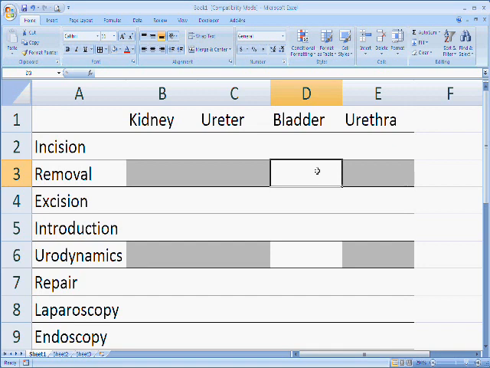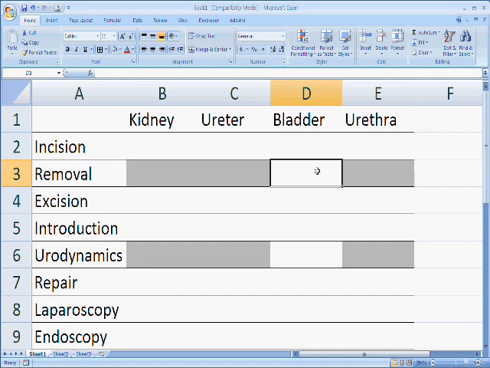Then excisions, introductions, which are basically injection procedures. Urodynamics is basically the motion and flow of urine. It's only in the bladder for these particular codes.